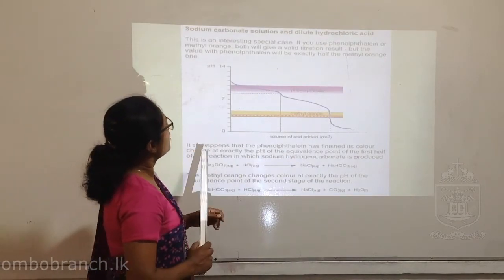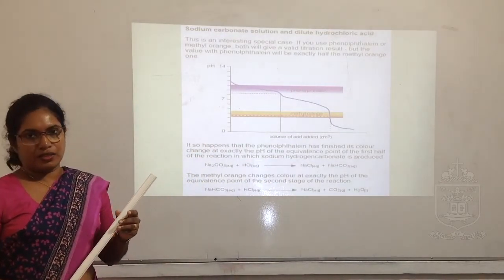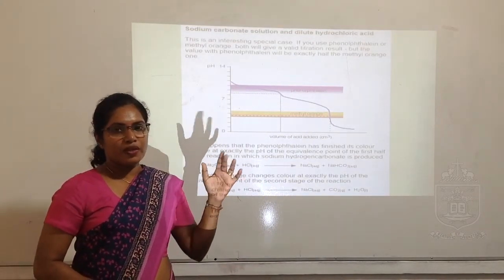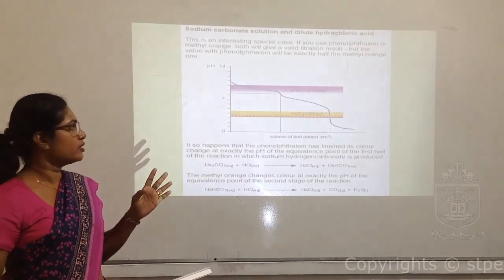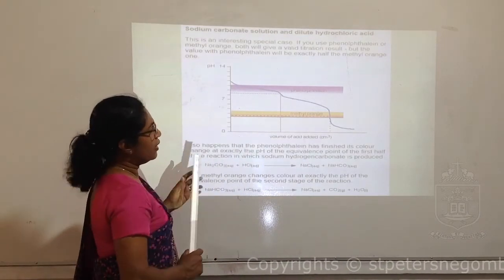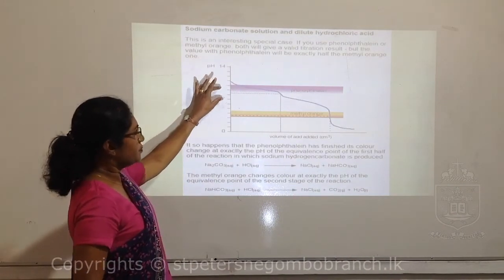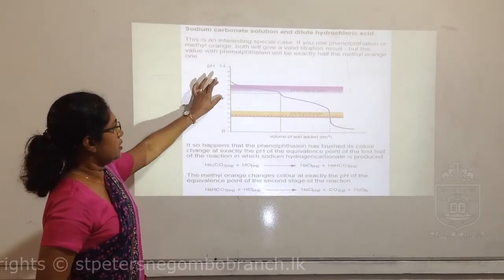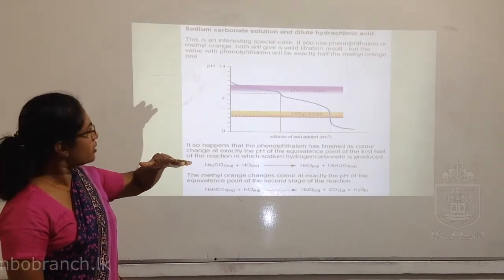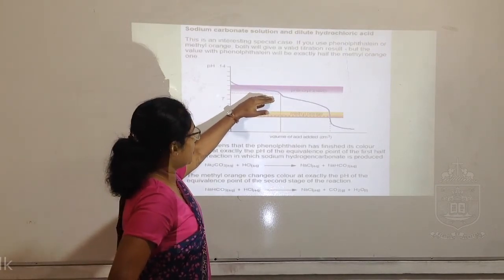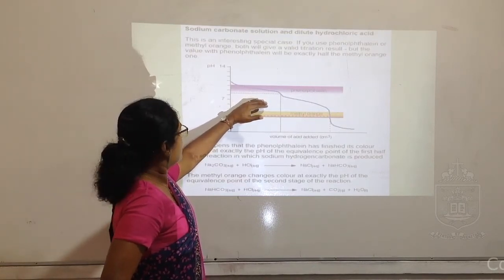Next one, the sodium carbonate solution and dilute hydrochloric acid. As you know, there are two pH changes for that titration curve, and if we use phenolphthalein as an indicator for this titration, in the first part of the reaction, we can find the color change in our titration.